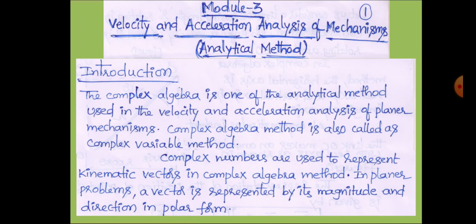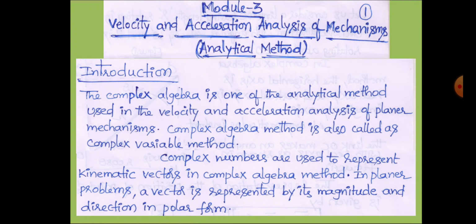But as far as the syllabus with respect to module 3 is considered, two things are to be determined. What are they? One is velocity and another one is acceleration. Of how many mechanisms? Two mechanisms. One is the 4-bar mechanism and the other is the slider crank mechanism.